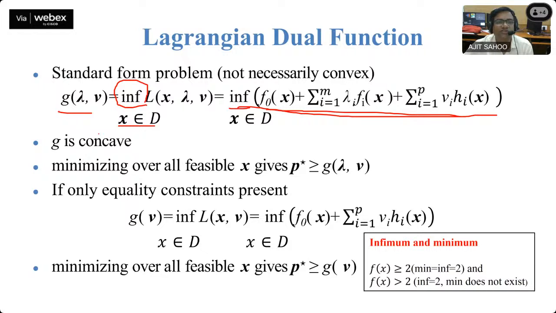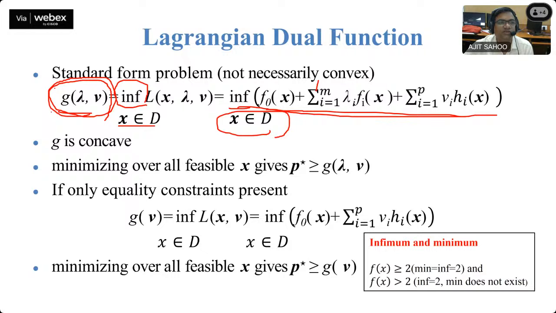After minimizing, it will be a function g of lambda and nu, because you are minimizing with respect to x, so x will not be inside this function. The procedure is the same. How to minimize? You take the derivative, find the stationary point, then put it there. So we go through the same procedure, and finally you will find a function like g of lambda, nu.